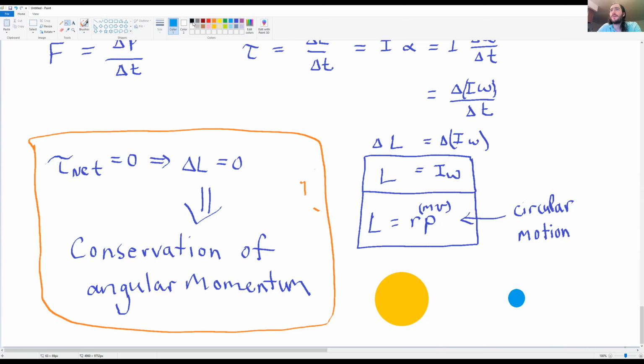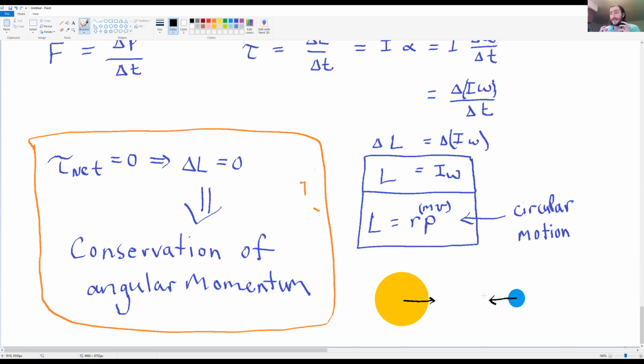The force between these two objects is a central force, right? It's a force that acts between the centers of mass of these two bodies, the Sun and the Earth.